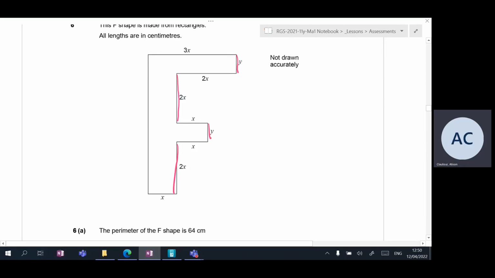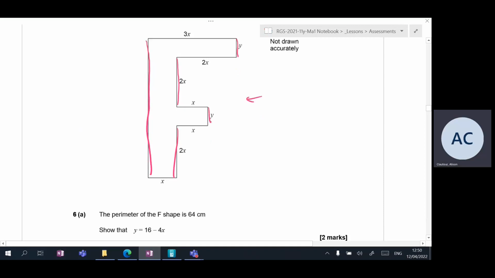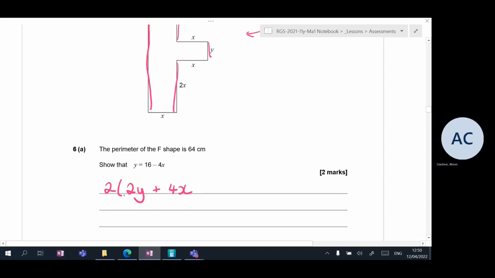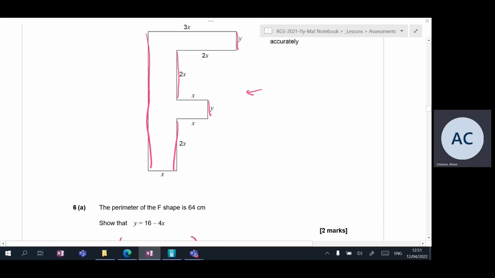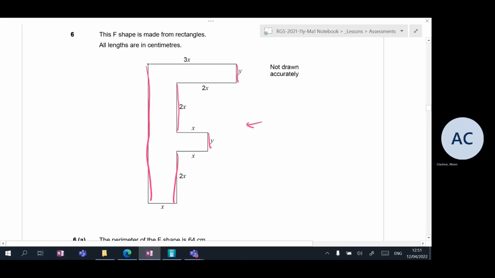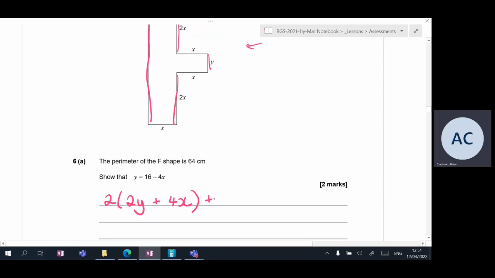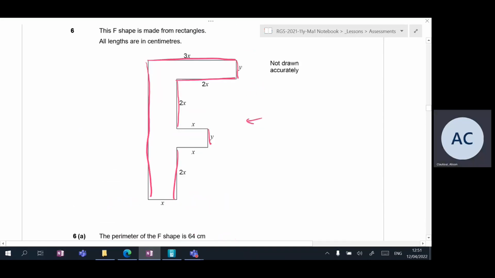Okay, now if you squash that all together, so imagine pressing it inwards in this direction, it's going to give you the same, if you added them all up, as that length there. Okay, so actually, you've got two lots of that. If we now think about the horizontal lengths, we've got 3x and a 2x gives me 5x. What else have we got?